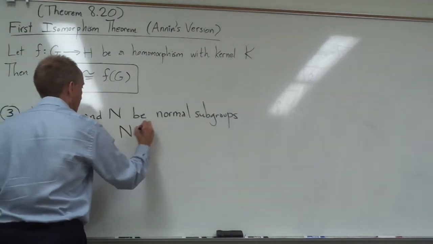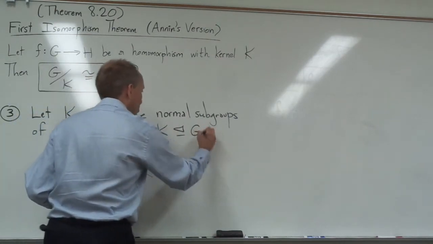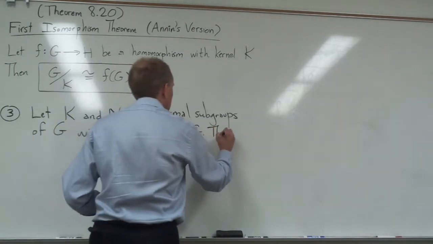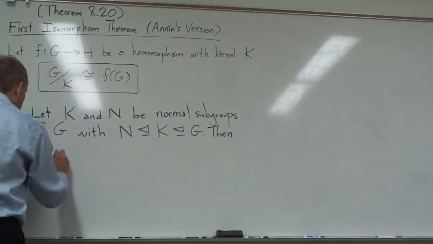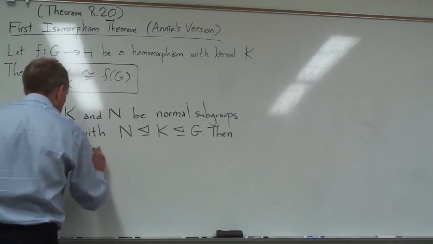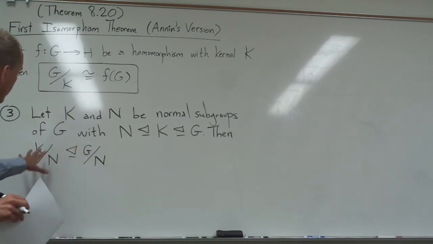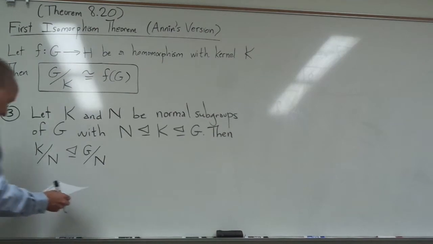Let's suppose that N is a normal subgroup of K, which is a normal subgroup of G. Then, as it turns out, K mod N is a normal subgroup of G mod N. Okay, so we can form these quotients, right? Because everything is normal inside of everything else, right?